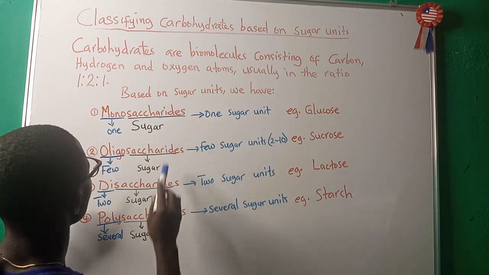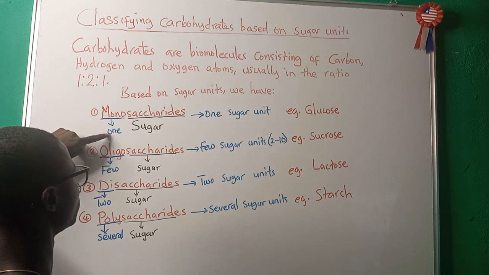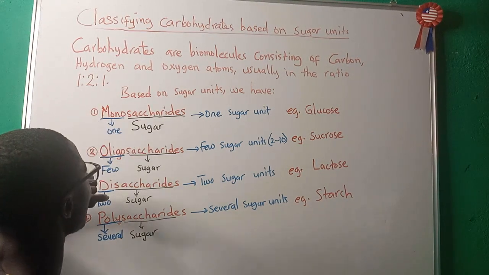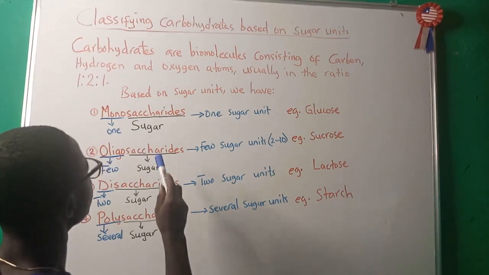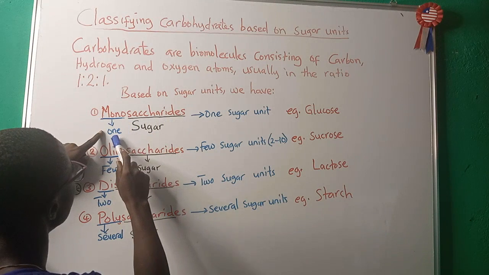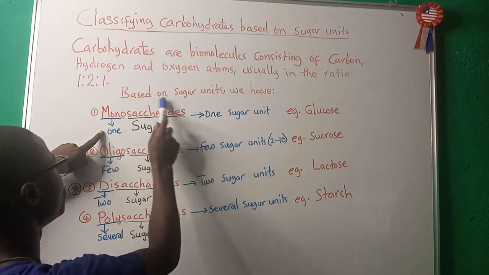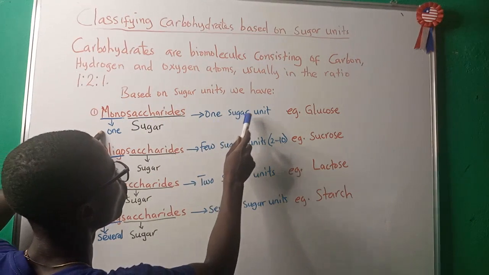Monosaccharide. The word mono is a prefix which means one, and saccharide is derived from the Greek word which means sugar. So if you have mono and saccharide joined together, it means one sugar. To define this, we say a monosaccharide is a one sugar unit.